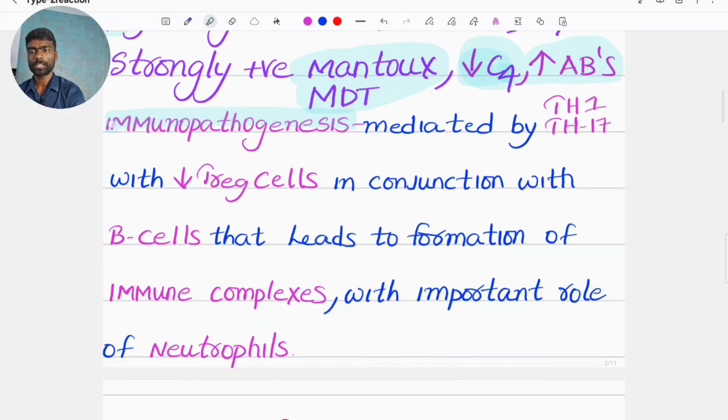Coming to the immunopathogenesis of type 2 reaction, it is mediated by T helper 1 and T helper 17 cells. These cells increase in type 2 reaction with a reduction in T regulatory cells.